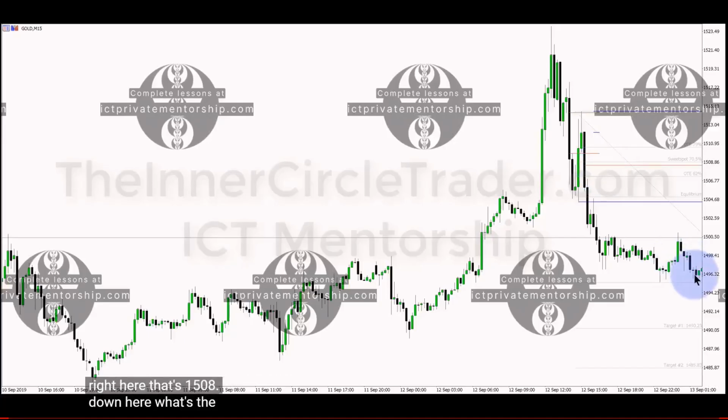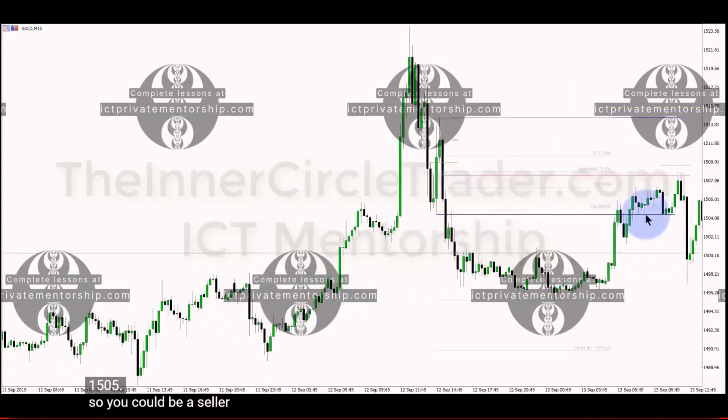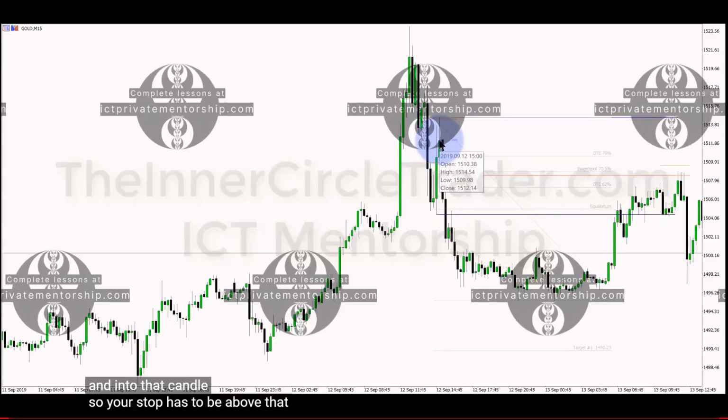Down here, what's the nearest 5 level to this level here without going over it? 1505. So you could be a seller at 1505 in here with the expectation that we could see a run all the way up to this candle's low and into that candle. So your stop has to be above that. Okay.